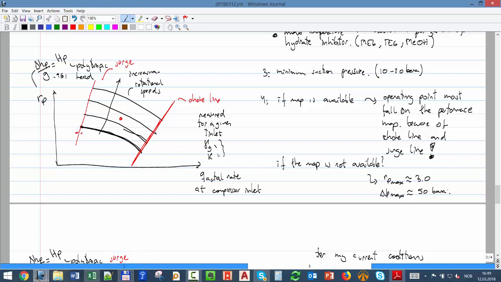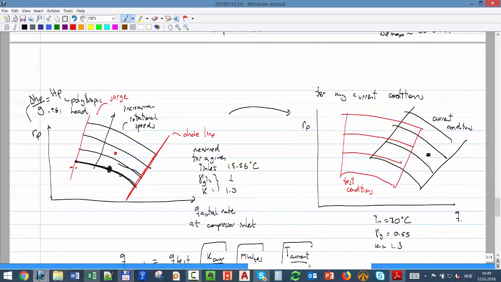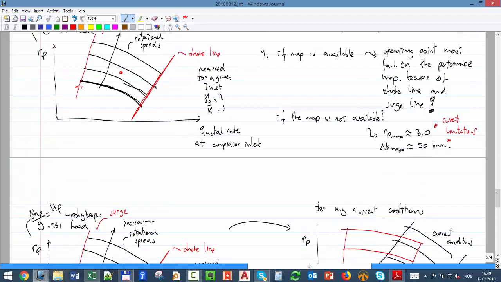Not more than that. So I'm saying here just current limitations. In our exercise, we're going to use the map. Actually, I want to give you the whole picture so you can do it a bit more advanced. But if we didn't have the map, then we can use those approximations: put a limit on the pressure ratio and a limit on the delta P.